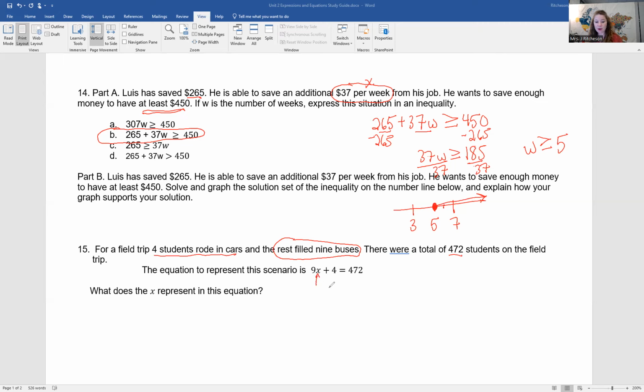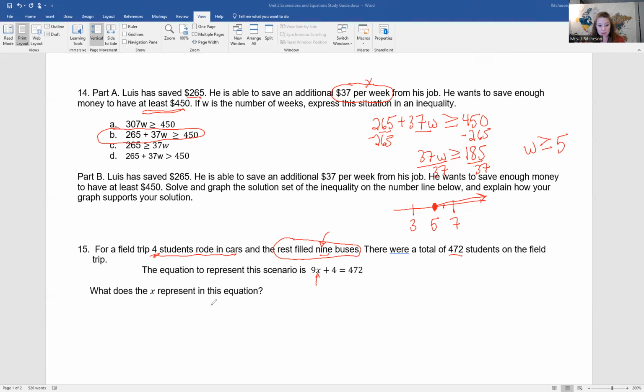So the question is, what does the x actually represent? Does it represent the number of buses? No, because we know that. Does it represent how many students rode in cars? No, because we already know that. What do we not know? We do not know how many buses went on the field trip. No, that's not true. We do know that. We know that 9 buses went. What we don't know is how many students were on each of the 9 buses.